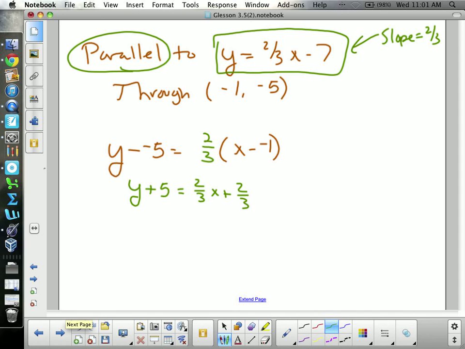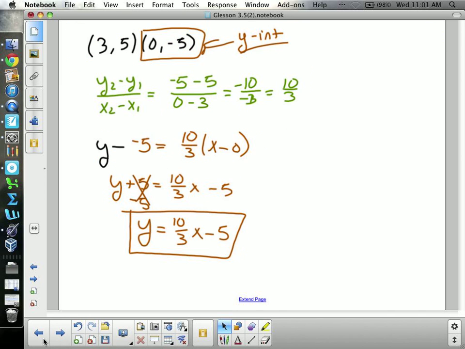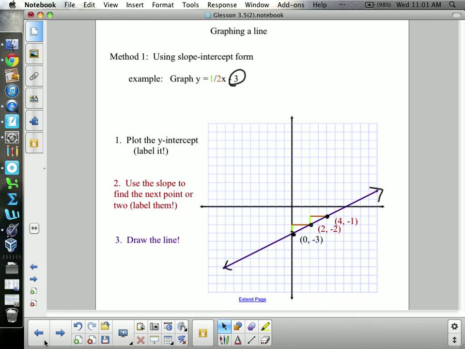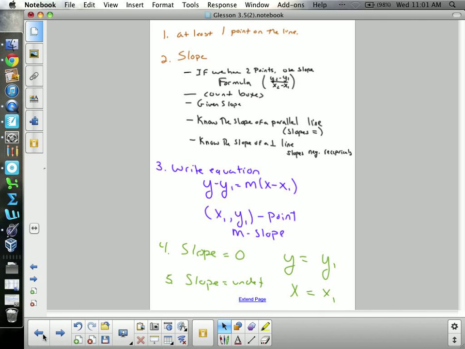So going back to our notes, we're throwing in these two situations today. Find the slope of a parallel line or find the slope of a perpendicular line. And we do that from the equation of the line. You're going to see several problems today where it says parallel to this or perpendicular to that.